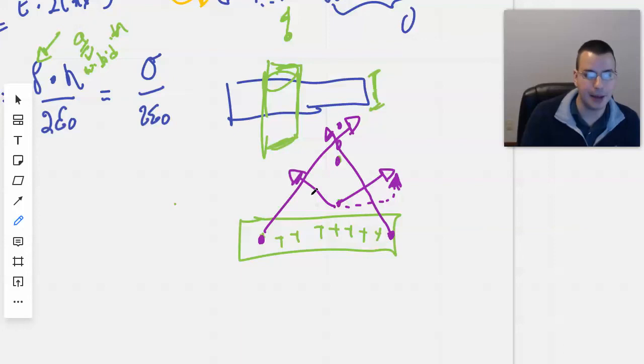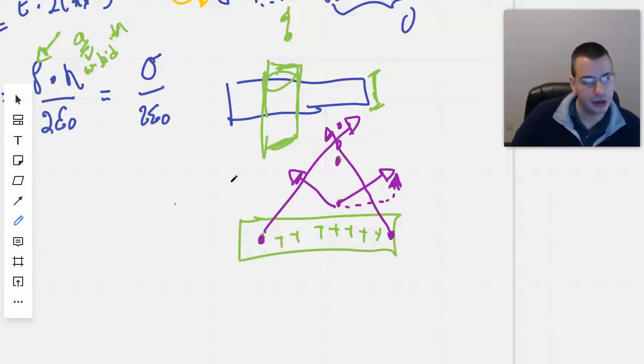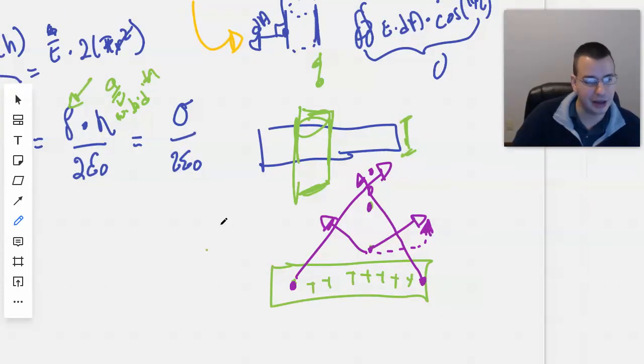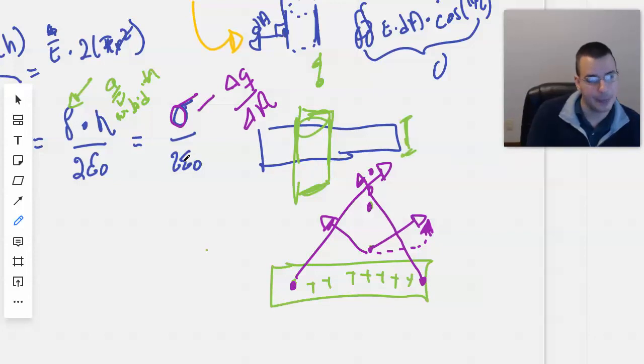And what happens overall is you get a uniform field in one direction. And so the electric field of a plane is directly related to its surface charge density, which is the amount of Q for a small amount of area, over 2 epsilon naught.